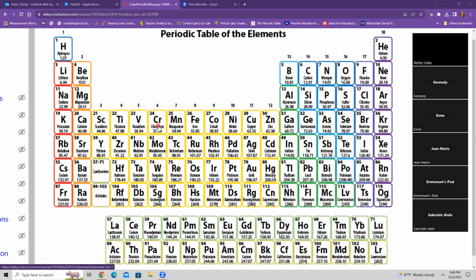We're talking about chromium. It is known as a transition metal.